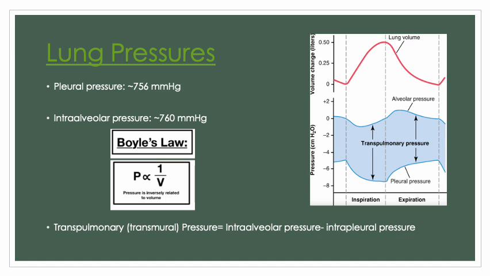It's important to note that pressure within the intrapleural space during the respiratory cycle is always negative or subatmospheric, but can become zero or equal to atmospheric pressure if the chest wall and parietal pleura are breached, such as during a pneumothorax. The average pleural pressure is negative 756 millimeters of mercury.